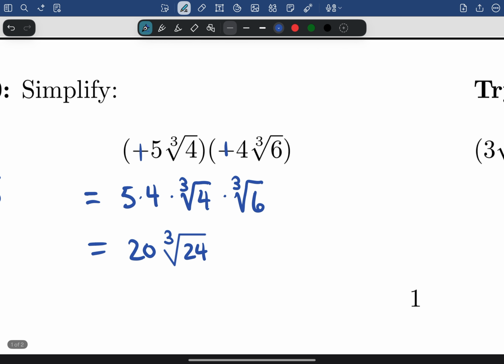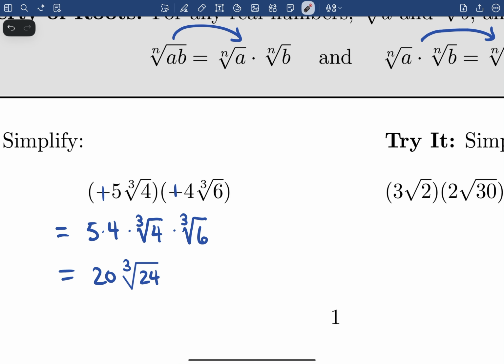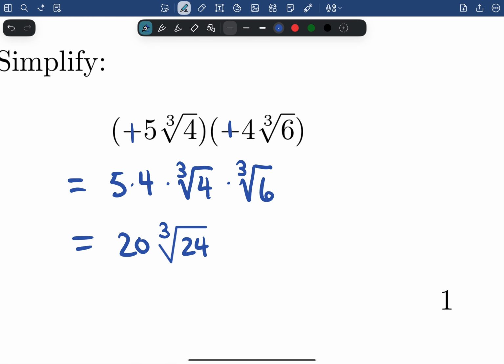Okay, now I'm going to see, can I break this thing back apart again, right? Can I break it into pieces where I have a perfect cube and the leftovers? And yes, I can, because the cube root of 24 can break down into the cube root of 8, which is a perfect cube, times the cube root of 3, which is the leftovers.